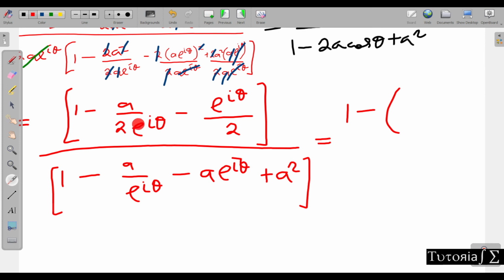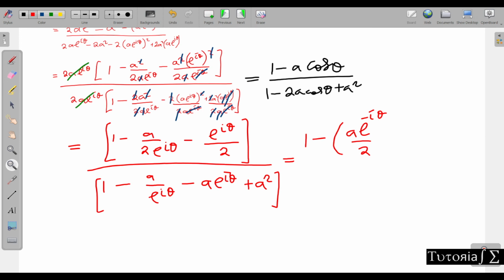This can be written as a e to the negative I theta all over 2. Then this will be plus e to the I theta over 2.